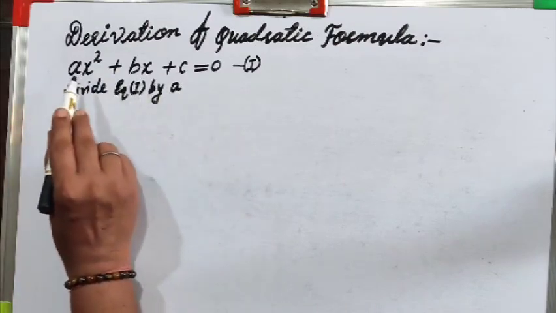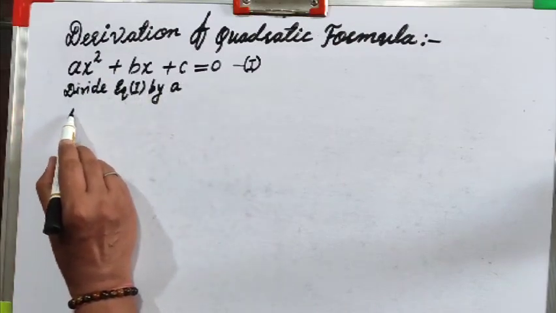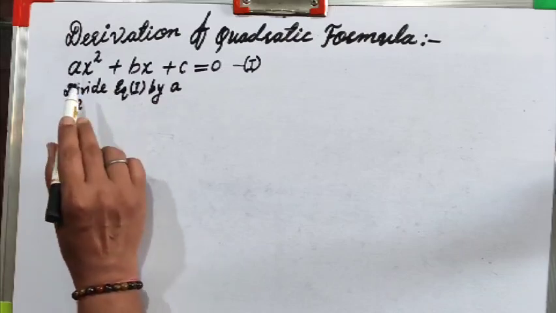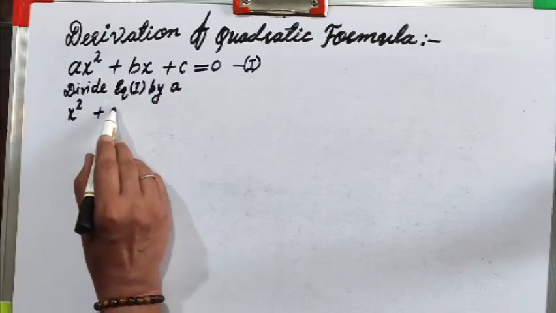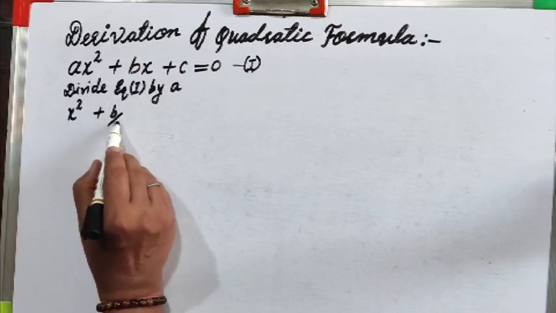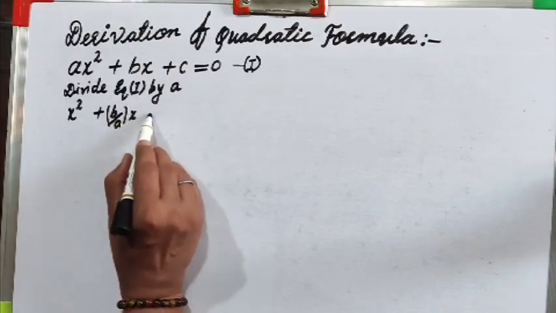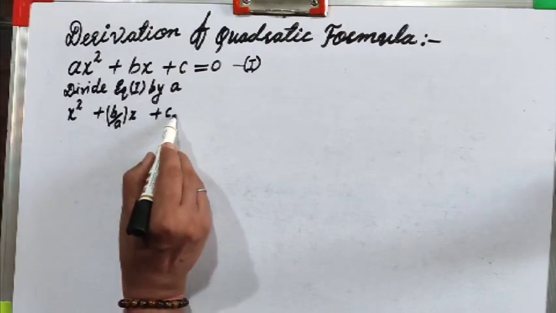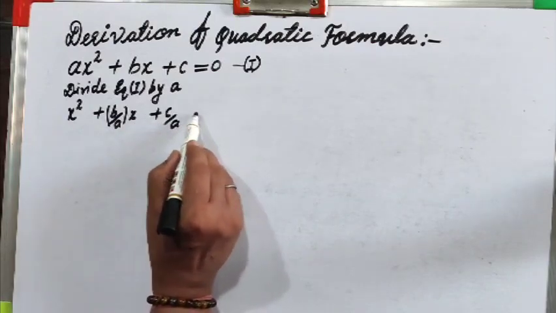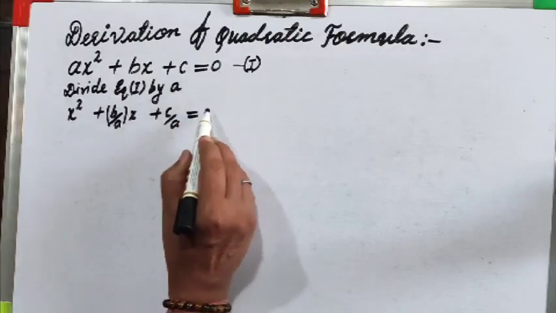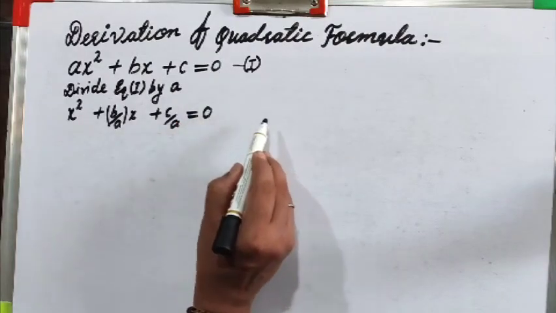When you divide by a, you will get x square because a and a cancel, and here you will get b by a into x plus c by a, which is equal to 0, because when you divide 0 by a, you get 0 only.